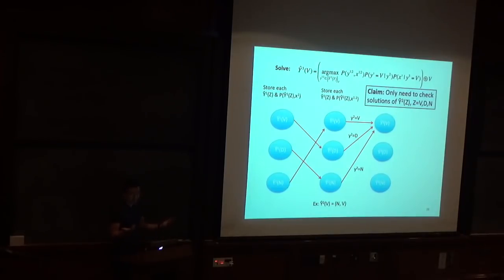And the claim is that, in order to find the optimal length 3 prefix solution that ends in verb, we only need to check appending verb to one of these 3 solutions. We don't need to check all the other solutions. That's the claim. If we can prove that claim, then we can prove this algorithm is correct.